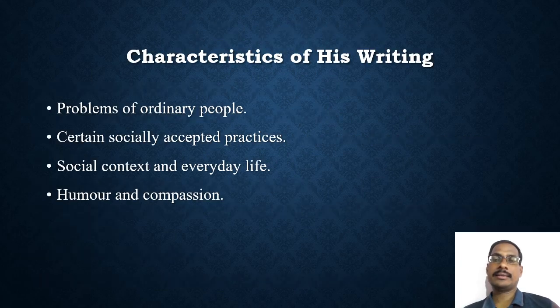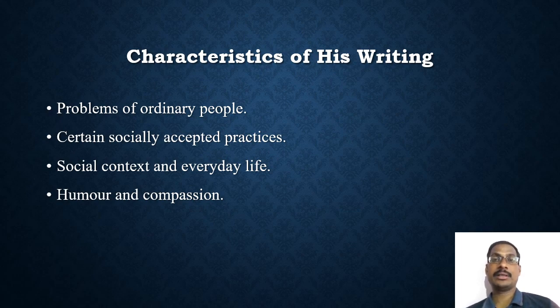R K Narayan was the well known early age Indian author writing in English. He wrote several short stories and also novels. There are important characteristics of his writing. He wrote on a couple of contemporary problems of ordinary people, life of common people.